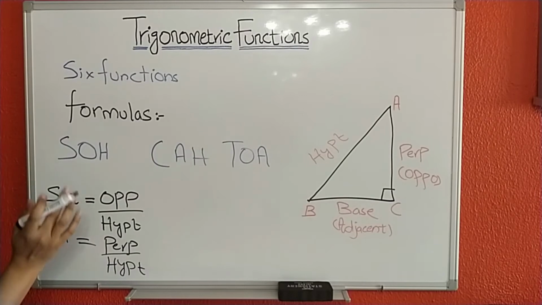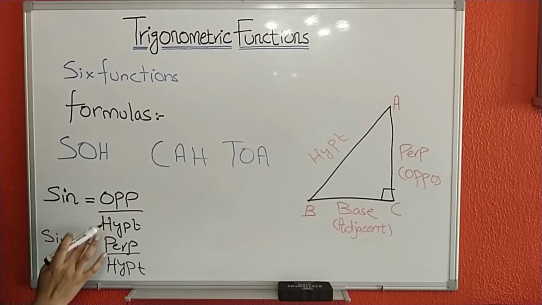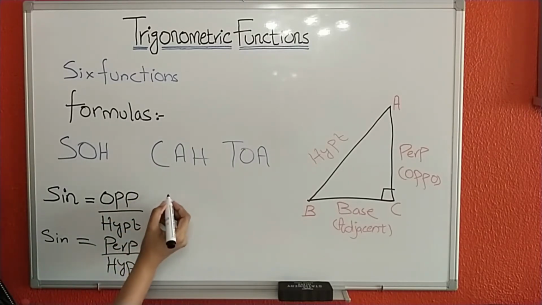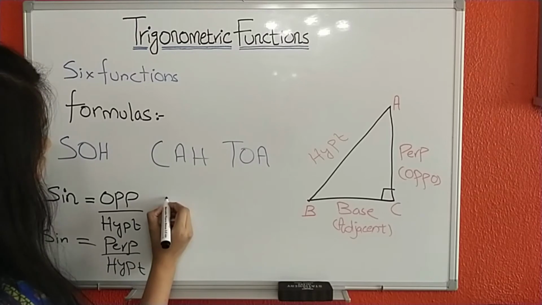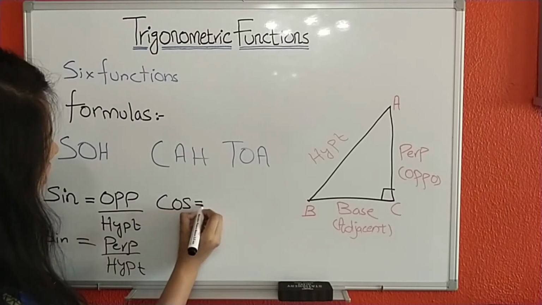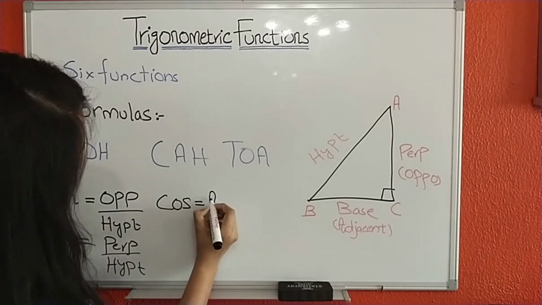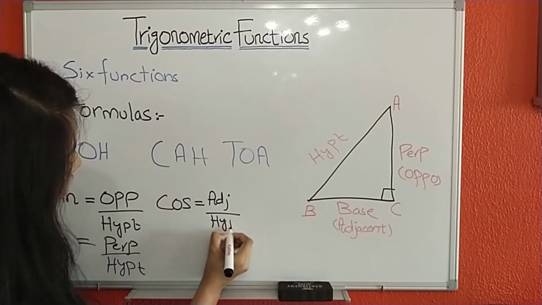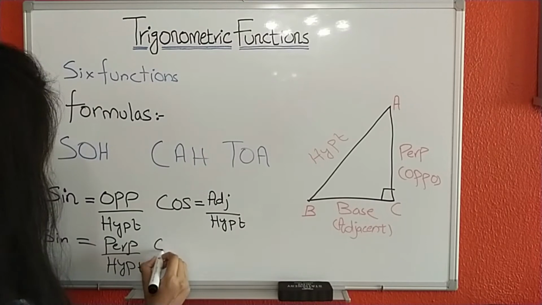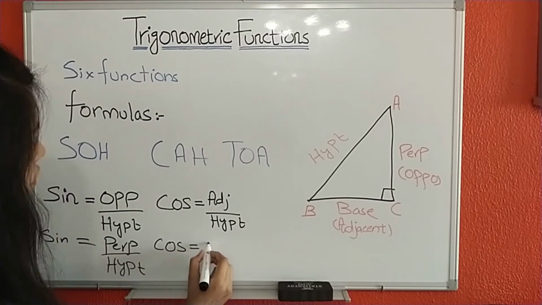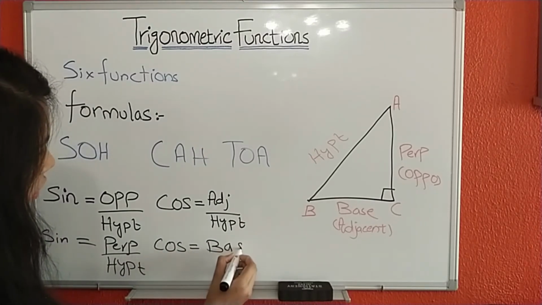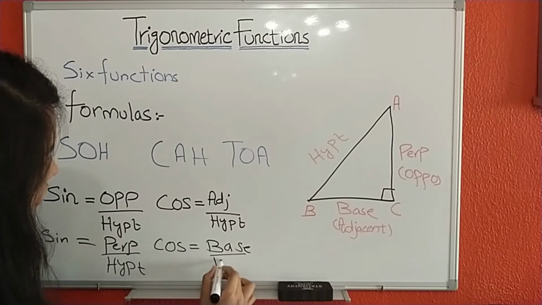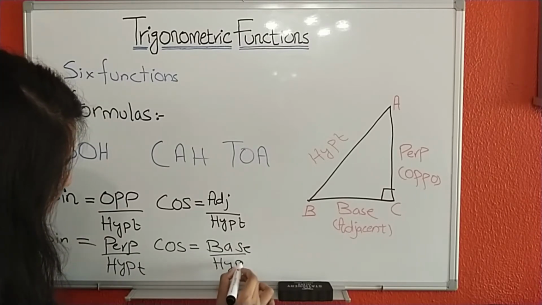CAH means cos is equal to adjacent side upon hypotenuse, or cos is equal to base upon hypotenuse.